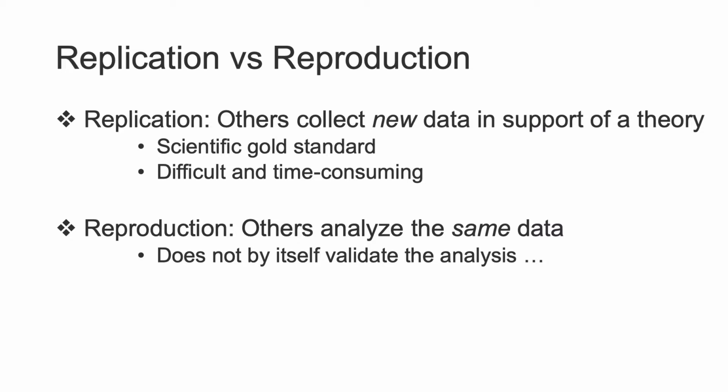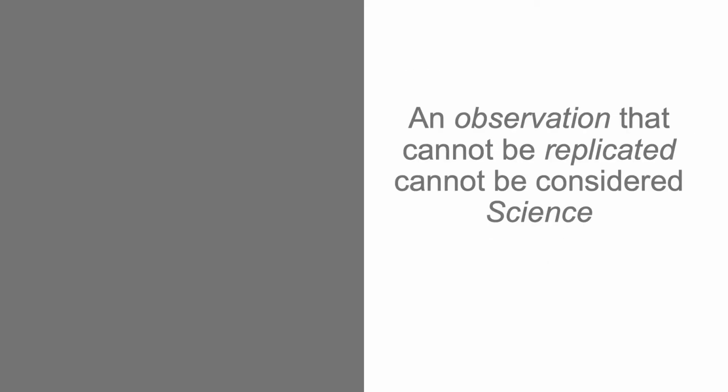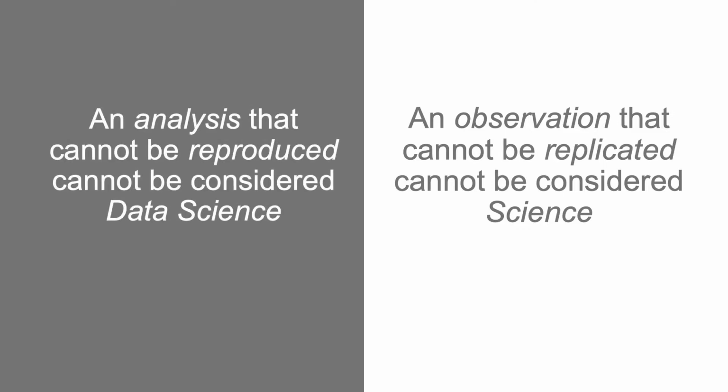All of the reported results should flow directly from raw data and the analysis that was applied to it, completely independent of the person who happened to be analyzing it. Something that we take for granted is that an observation that cannot be replicated cannot be considered science. Well, I would argue by the same token that an analysis that cannot be reproduced cannot be considered data science.